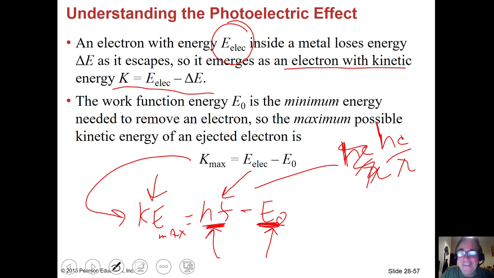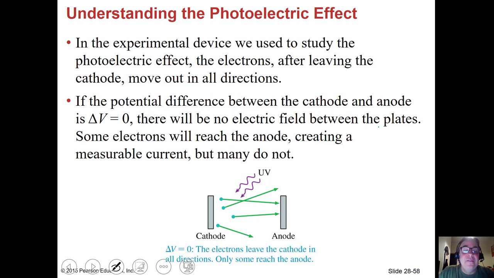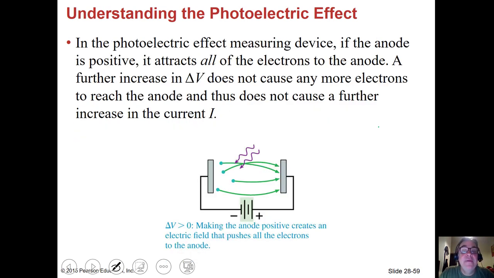Okay. So in the experimental device that you saw, the electrons, after leaving the cathode, move out in all directions. The purpose of setting up a potential difference is to guide them across the tube where they're liberated. So some will reach the anode on their own, but if you set up a nice potential difference, you can direct them all across. Okay.